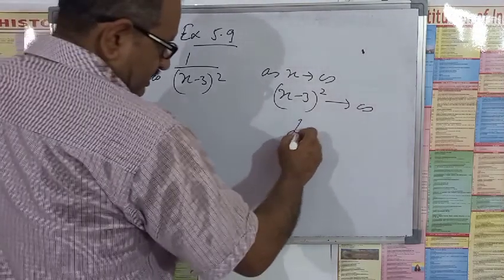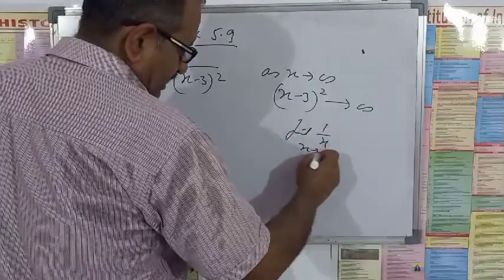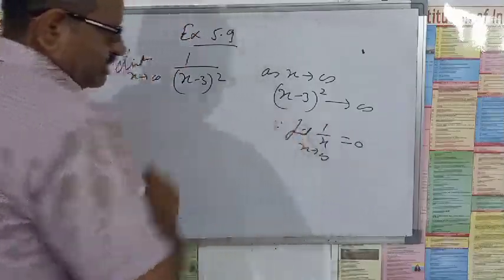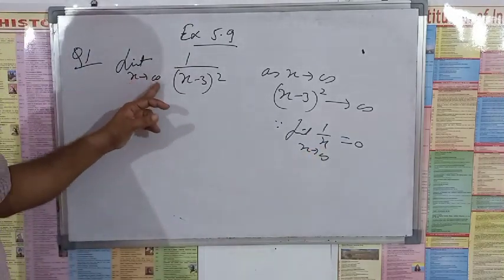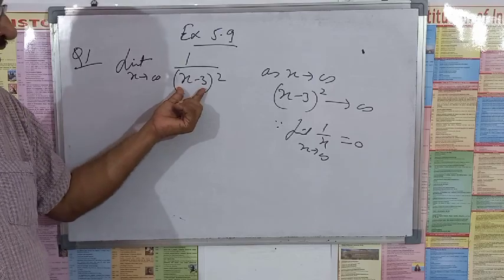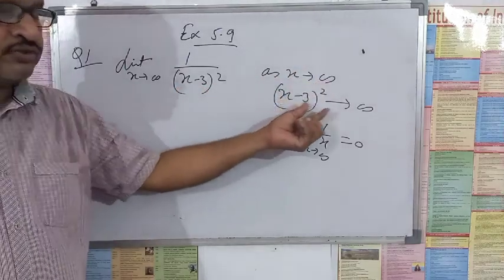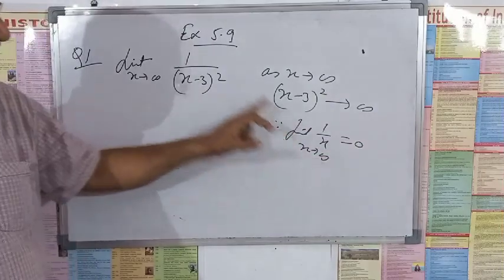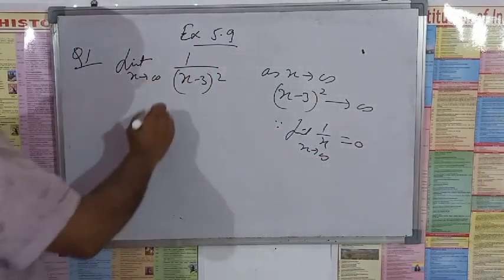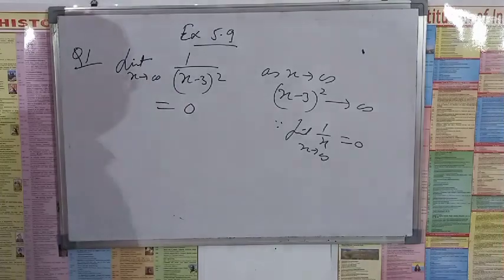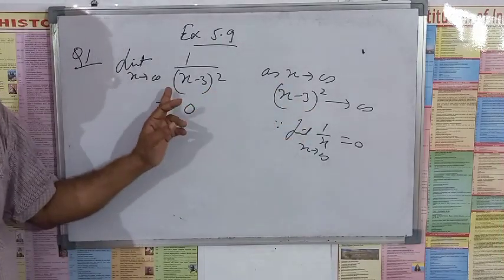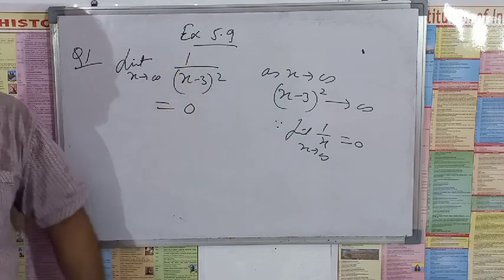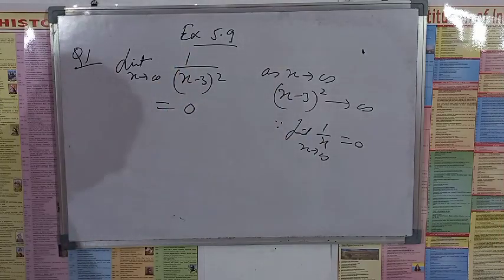We know that limit of 1 by x as x tends to infinity is 0. Here the denominator is (x minus 3) whole square, which also tends towards infinity. So using this result, we can write this limit is 0. So 1 upon infinity means it tends towards 0. So that's the first part.